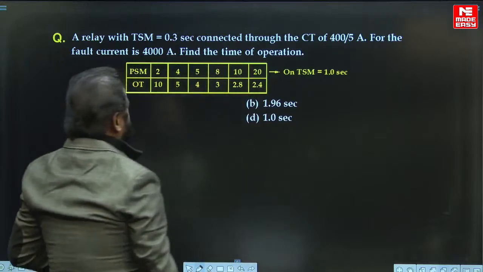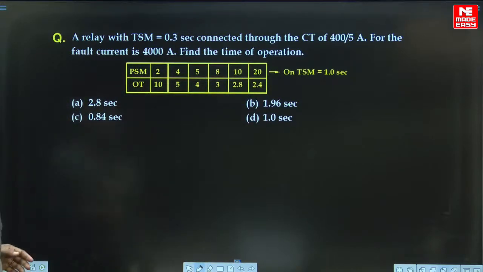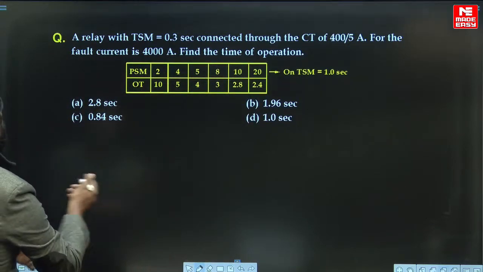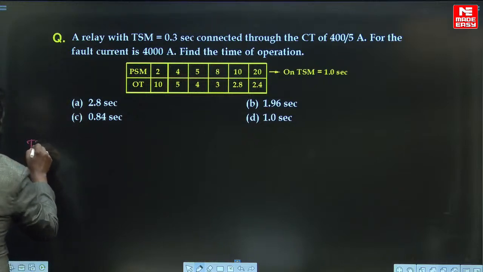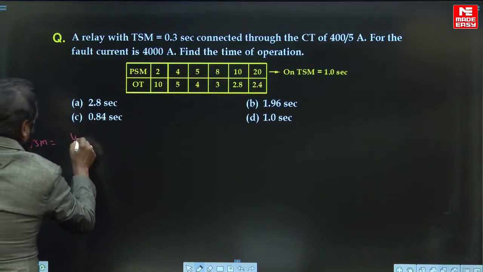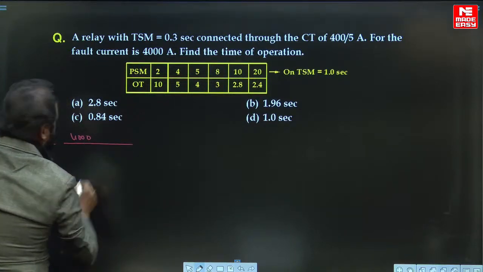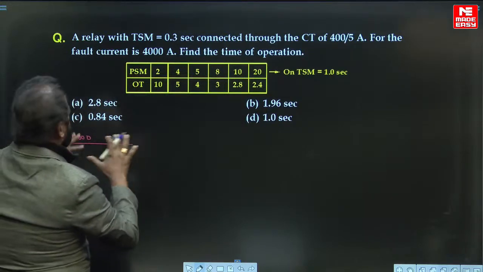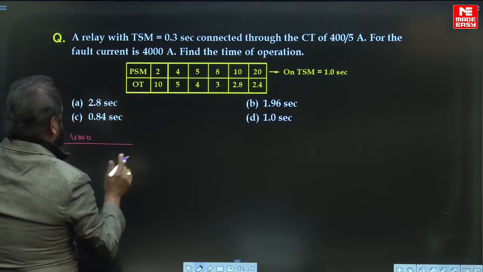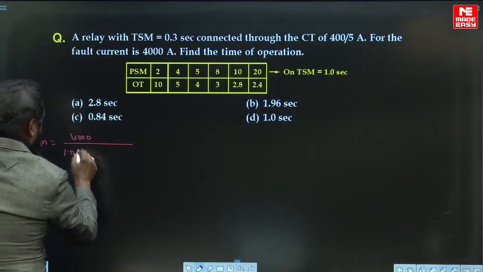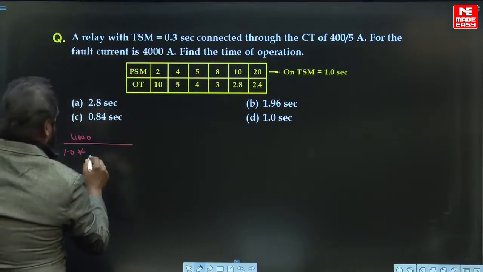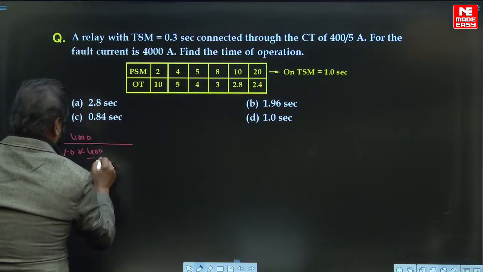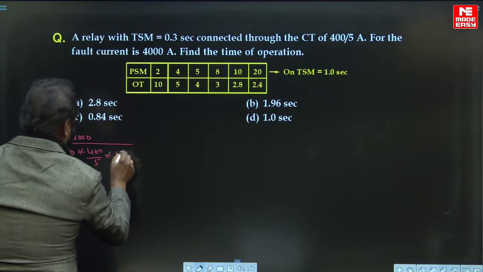Relay connected to the CT, and for the fault current of 4000 find the time of operation. Okay, here the PSM is fault current divided by pickup. The current setting has not been given as a percentage. That is the reason you have to take 100% into CT ratio 400 by 5 into CT secondary 5.